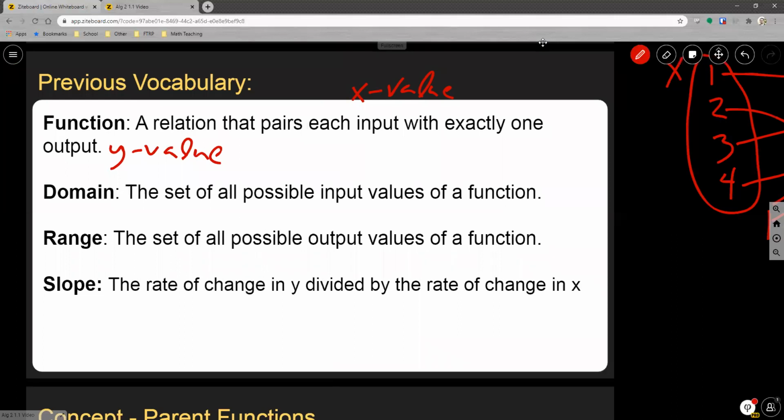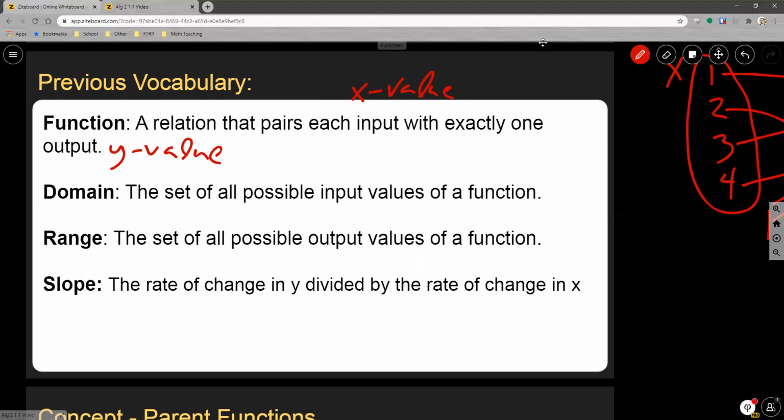Domain. A domain of a function is just a set of all possible input values of the function. A lot of times in math, especially with what we're working with, the domain will be all possible values of x. You can be at negative 34 trillion, you can put 1/2 in, you can put 112 in, you can put 2/3 in.